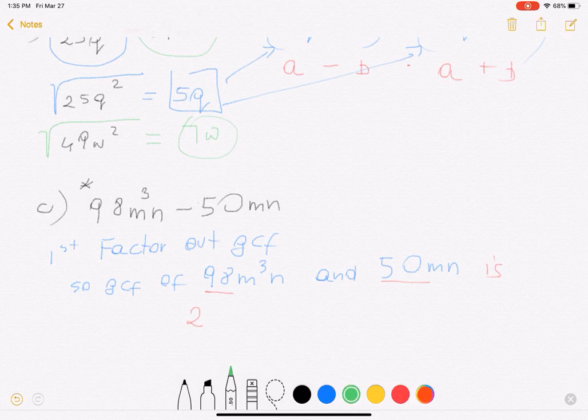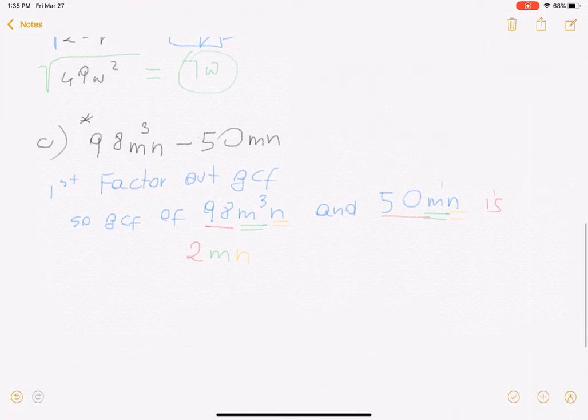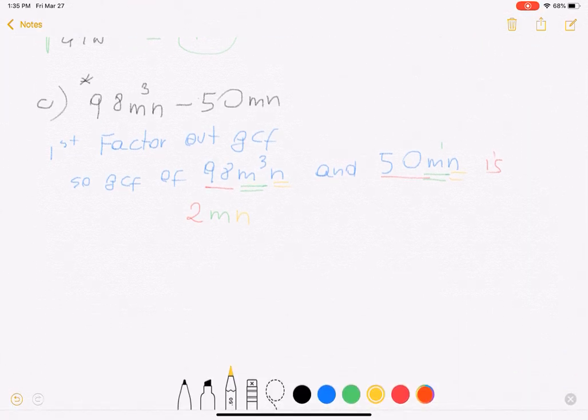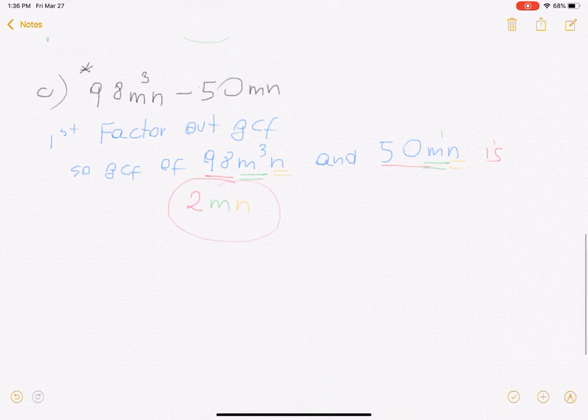Then we have m to the third power and m by itself, which is m to the first power. You choose the variable with the lowest exponent, which will be m. And here we have n and n, so the GCF will be n. So the GCF of 98m cube n and 50mn is 2mn.